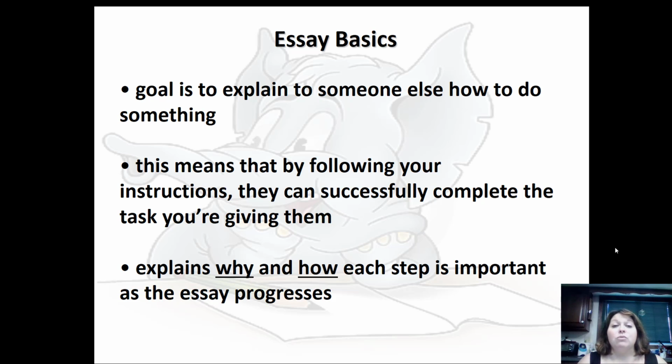So one thing that's really good to do is to explain why that step has to be done and how it relates to the next thing that's coming up. So, for instance, think of a little kid again.